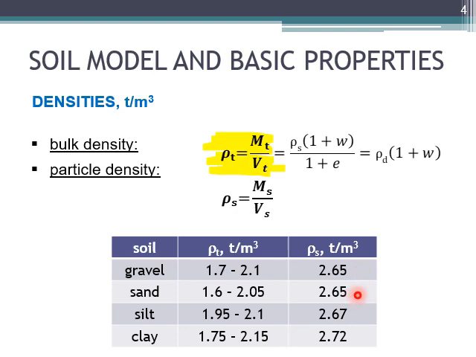And this is because the density of quartz is 2.65, and sand and gravel, in Poland at least, is usually made of quartz. So 2.65 is the density of quartz, and so this is usually the density of the sand and gravel, but of course only of the density of the soil skeleton.